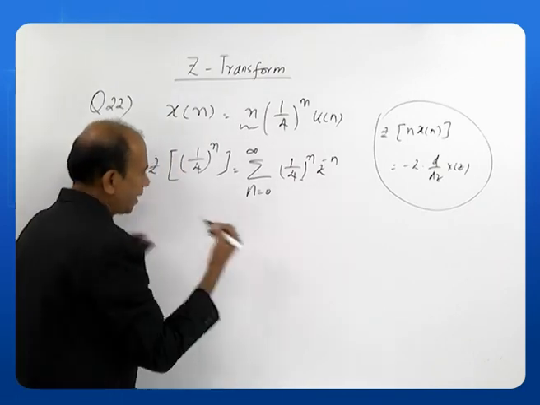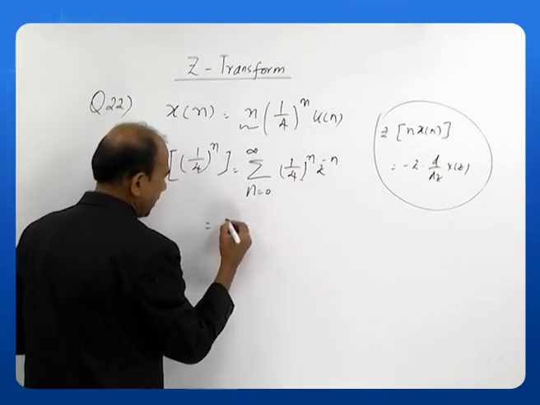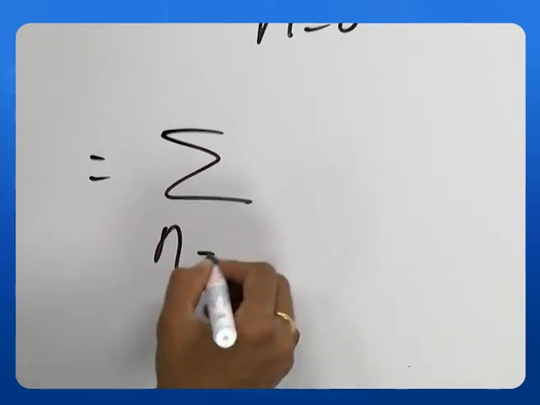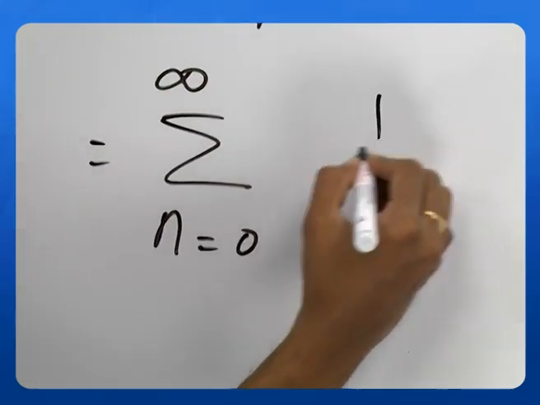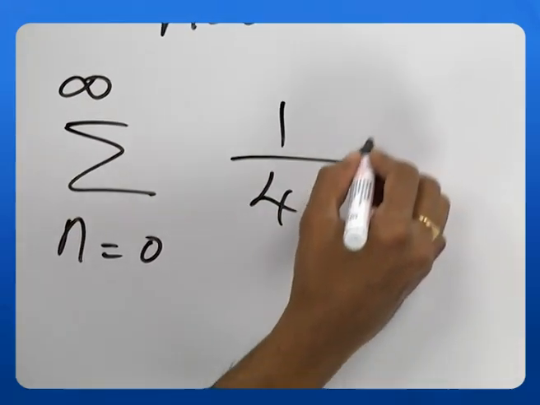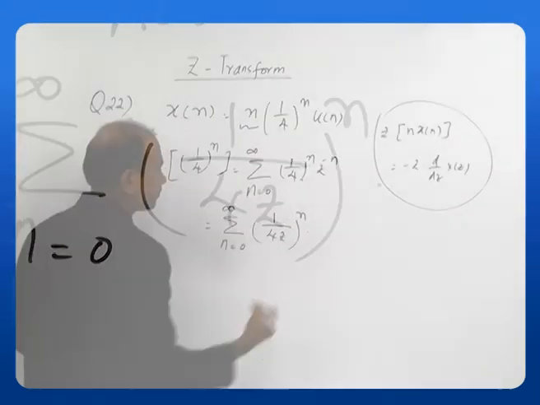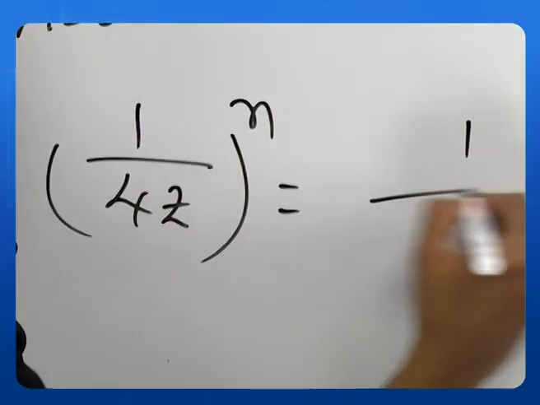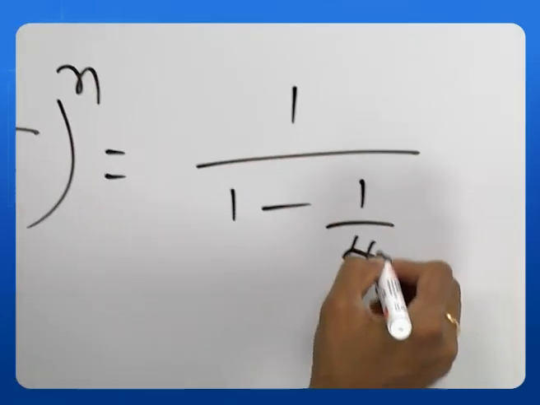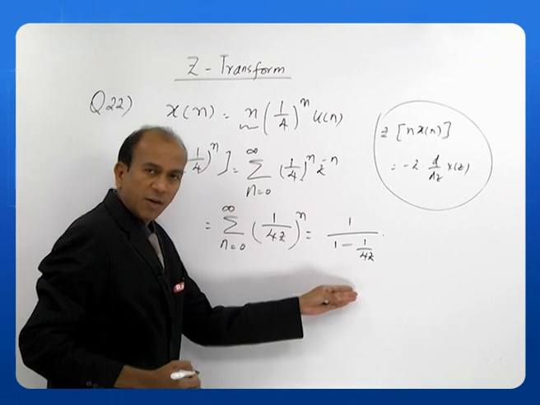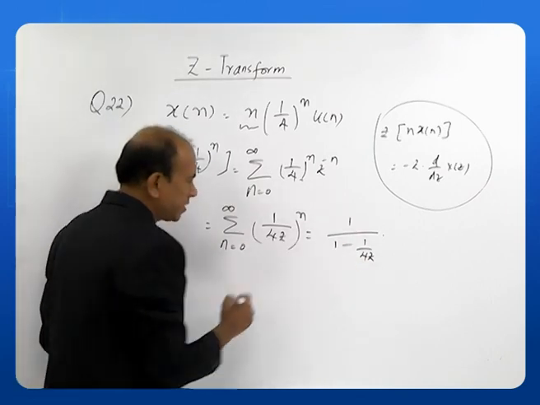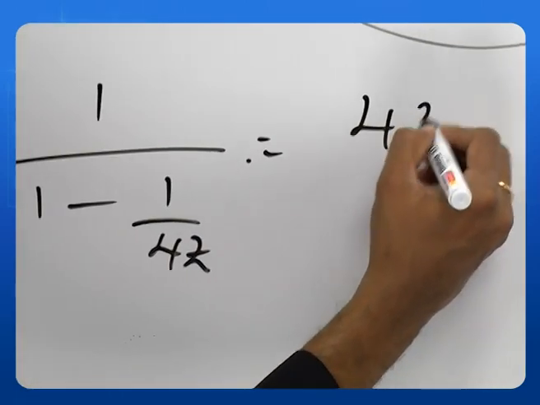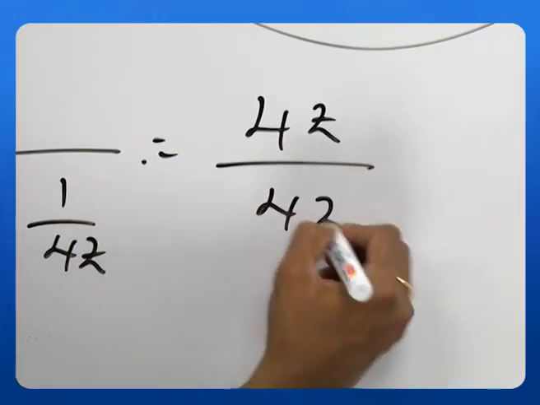Okay, simple. So what I will do is now we will just rewrite this so that I can get the answer. Summation n is equal to 0 to infinity, 1 by 4z to the power of n. Okay, the summation is nothing but equal to 1 by 1 minus 1 by 4z. Now we have to just simplify this. So this will be equal to 4z by 4z minus 1.